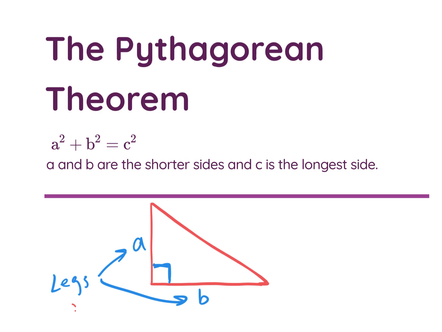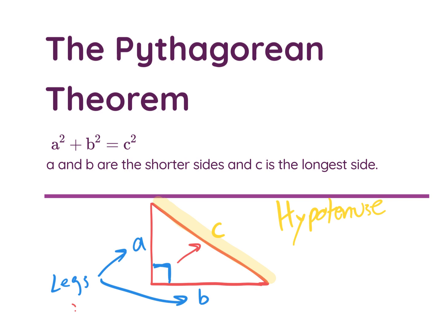And the C value is the side opposite of the 90-degree angle. It's over there. It's a C. So this highlighted side is the C value, the C side, and that is called the hypotenuse.